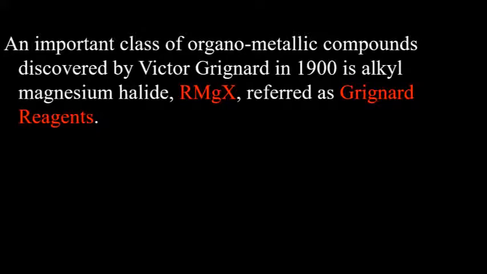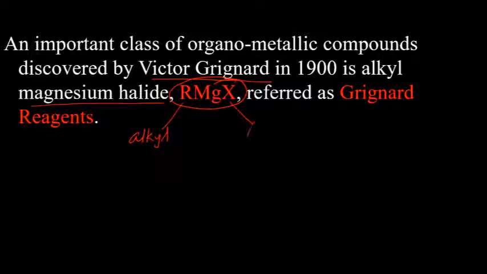An important class of organometallic compounds discovered by Victor Grignard in 1900 is alkyl magnesium halide, RMgX. R is an alkyl group, X is a halide. On the name of Victor Grignard, it is termed Grignard reagent.